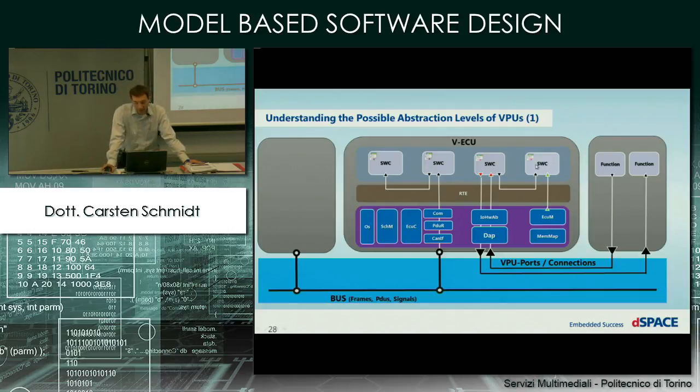And this architecture defines the communication between these software components and so on. And at some place in time, these software components are placed on a specific ECU. And after that, you can generate a runtime environment where the communication of these software components are implemented on this ECU.